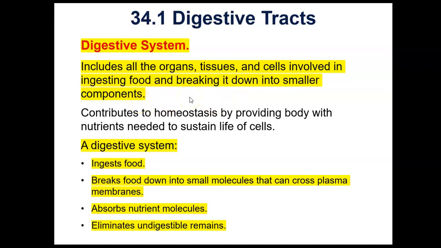For example, this morning I ingested a sausage McMuffin from McDonald's, and in the egg and the sausage and the cheese, there was some protein, and those proteins will be broken down into amino acids by enzymes that break down proteins. So enzymes like pepsin and trypsin: pepsin in the stomach and trypsin in the small intestine.